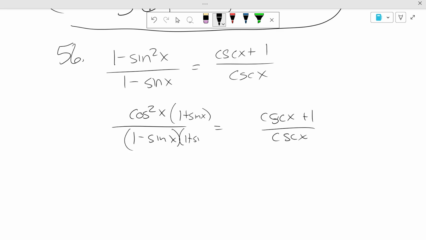If I do the conjugate down here, I get 1 minus sine squared of x, which I just had up here. So I know that's going to turn into cosine squared, so it's going to cancel. So I'm just going to leave this cosine squared without distributing it through the 1 plus sine of x.